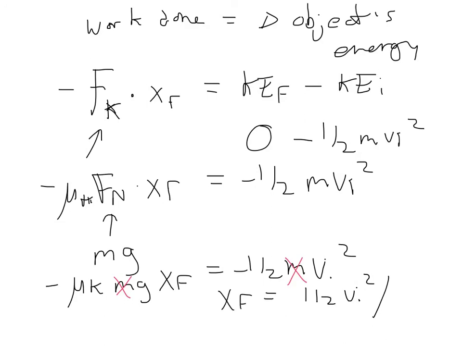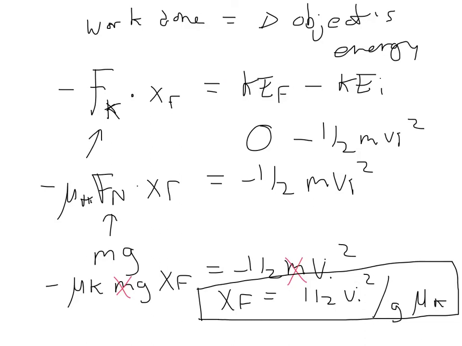X final equals 1/2 v initial squared divided by g times mu k, which is the same equation that I had earlier. I'll pop that up just for a moment to prove it, but this here, which I used energy principles to come up with, is the same equation that I came up with a moment ago.